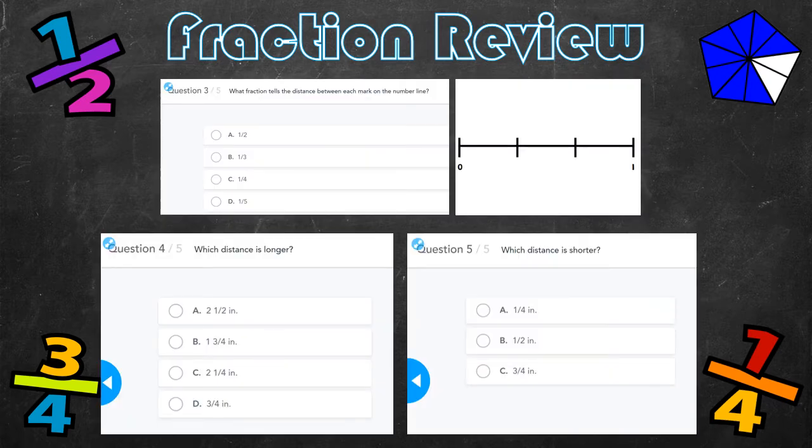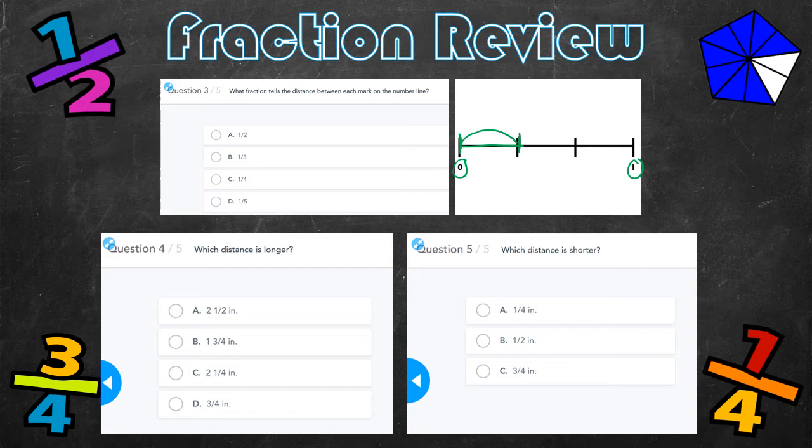Okay, let's look at number 3. What fraction tells the distance between each mark on the number line? So I'm being asked for the distance between each mark. Before I know that, let's again look at our 0 and our 1, which is 1 whole, and find out what we're counting by.